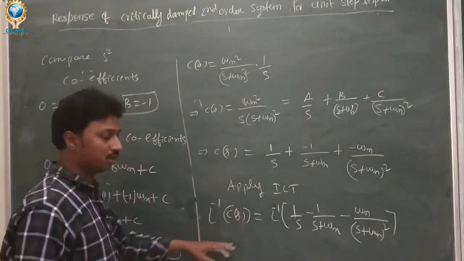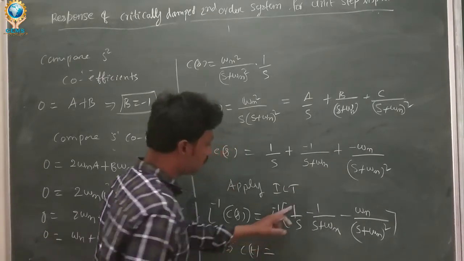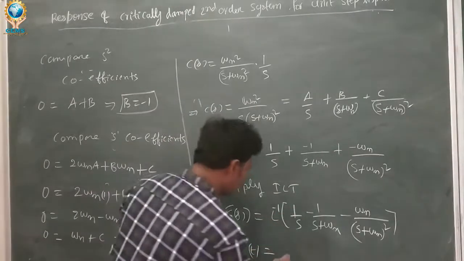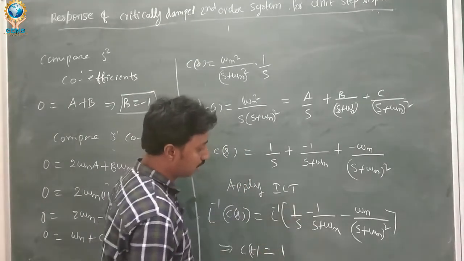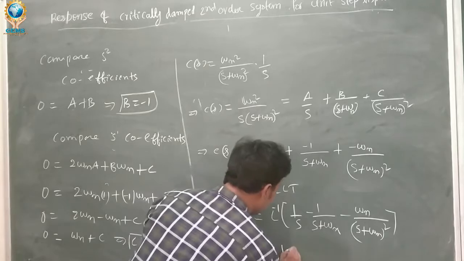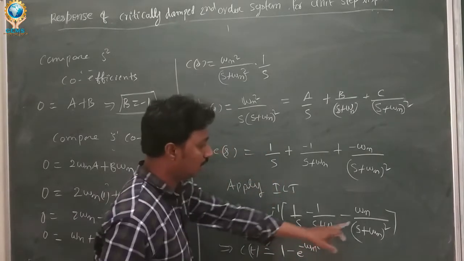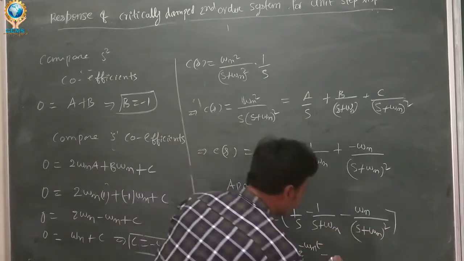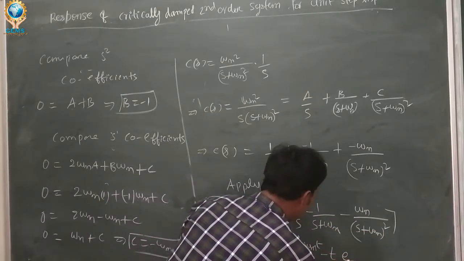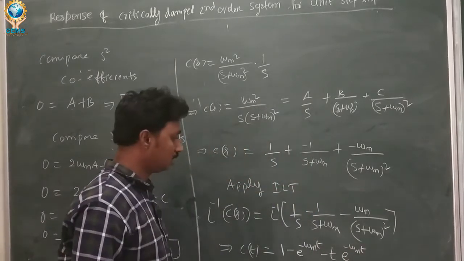So L inverse of C of S is equal to, this is C of t. So L inverse of 1 by S is 1. So L inverse of 1 by S plus omega n we can write e raised to minus omega n t, and this can be written as, since it is a square, so you multiply with the t and write minus omega n t, right?